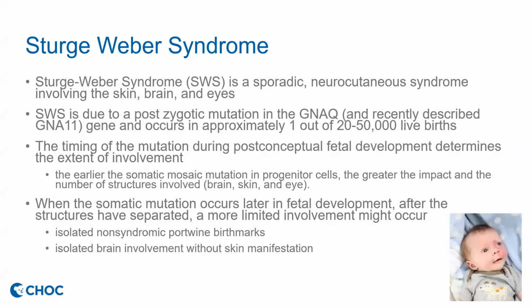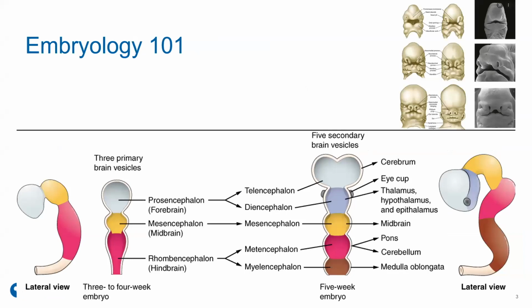I know you've heard about this probably in the beginning of every lecture, what causes Sturge-Weber and when. But why I wanted to bring it up in the beginning is it is actually important when the mutation in this gene happens during the embryonic development.